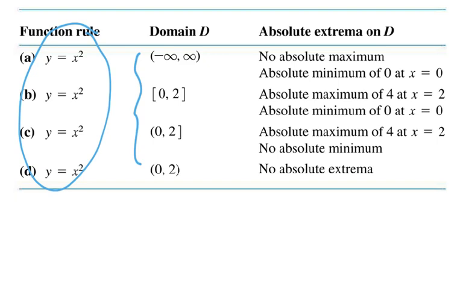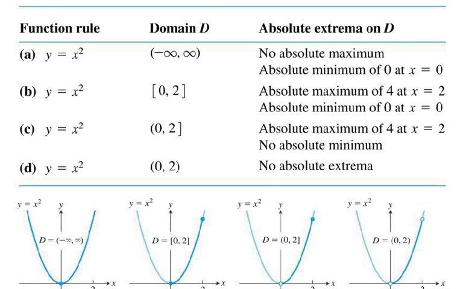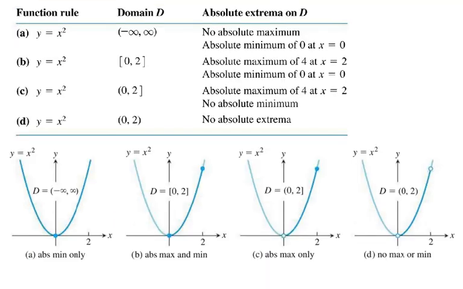So we're dealing with the function y equals x squared. It's shaped like a parabola. We have its natural domain, and then we have 3 other domains. So when we look at that graph and we look at what the domain restriction creates in each of these situations, we can see some different situations of what a max and a min might have.